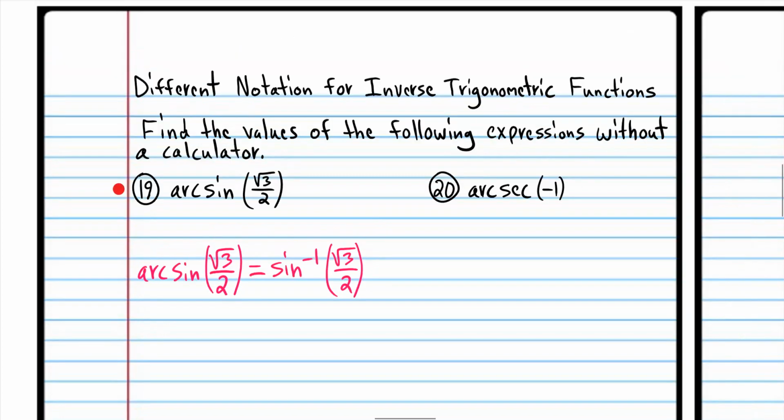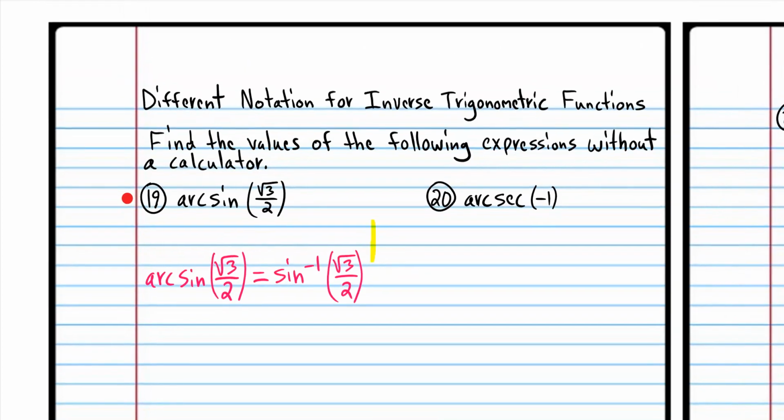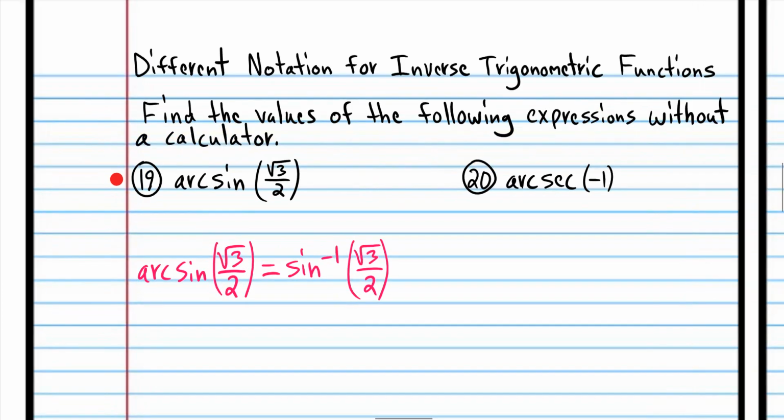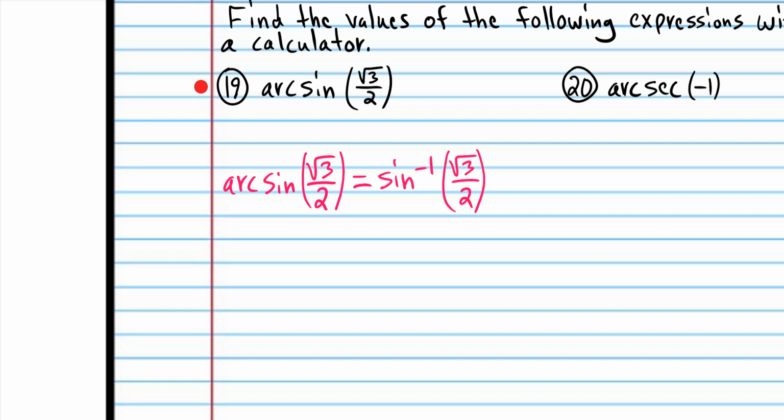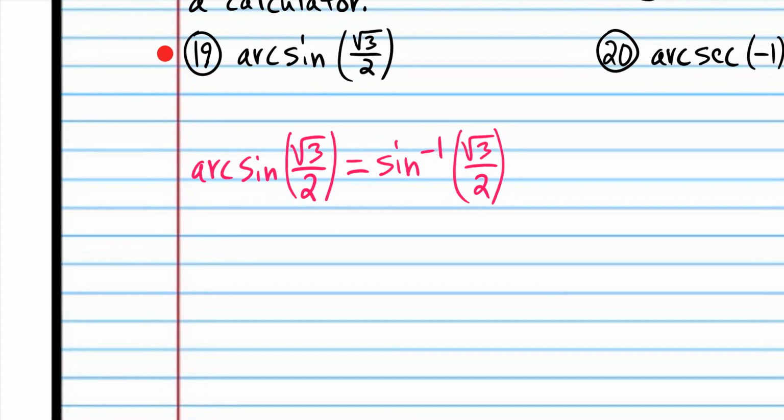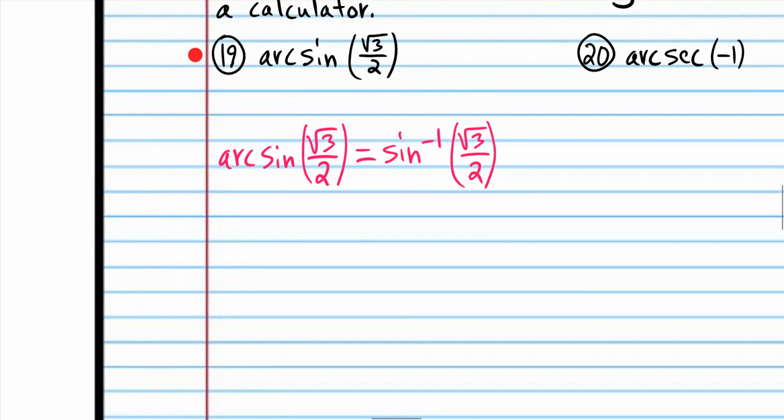But it says up here, look at this, without a calculator. We need to find the values of these expressions without a calculator. How can we do that? Well, do you notice that this is a recognizable ratio? It's recognizable, so this gives us an opportunity to find the value without a calculator.